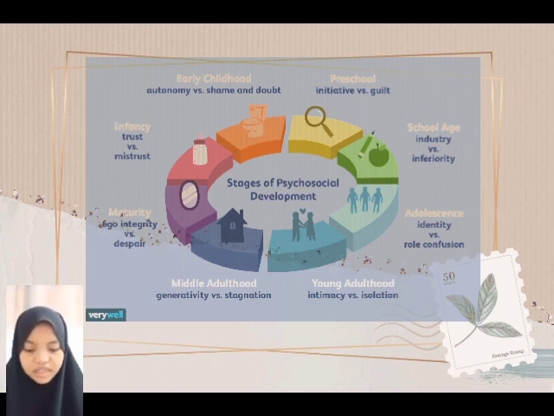So number 6 is the young adulthood. So ito na yung young adulthood, which is the 18 years old lady and 21 years old gentleman, or 20 to 35 years old. So ito na yung intimacy versus isolation.